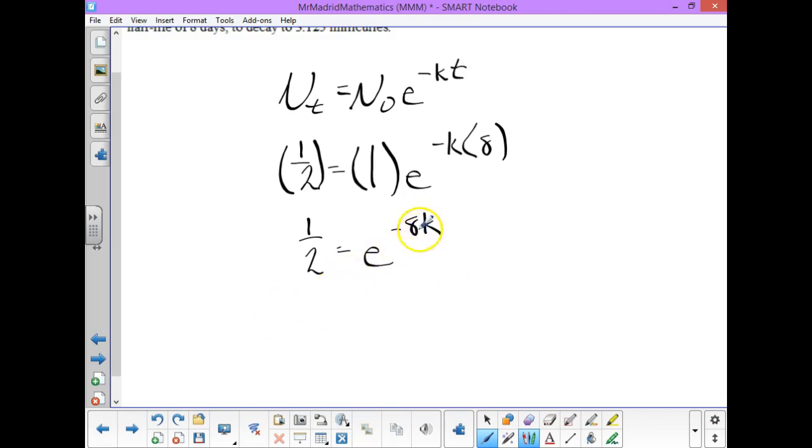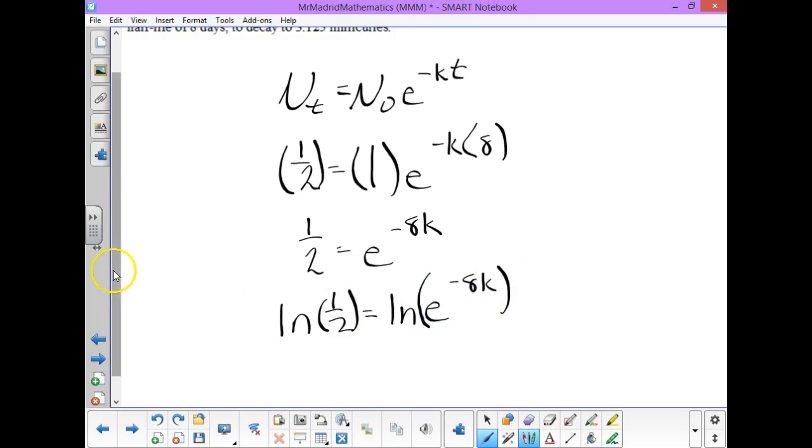So we can get at that k. So the one thing that I'm going to apply here immediately is the natural log of half, right? I'm going to take the natural log of both sides. Okay, so I'm taking the natural log of both sides.